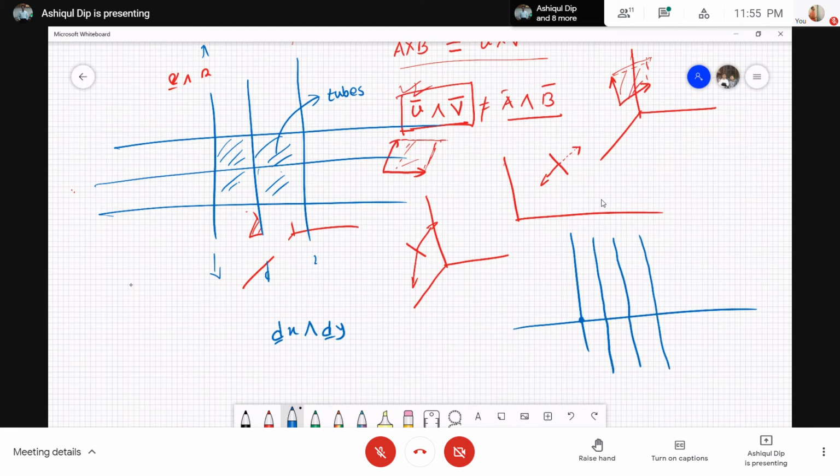And that is coming out of the page. dy are this, that's also coming out of the page. So dx wedge dy are tubes that have unit amount dx multiplied by unit amount dy. That represents a unit area, like the cross section of that tube.